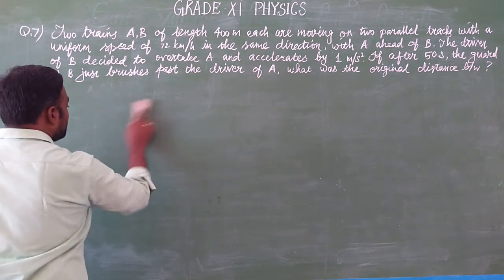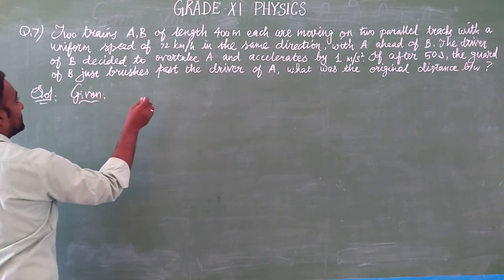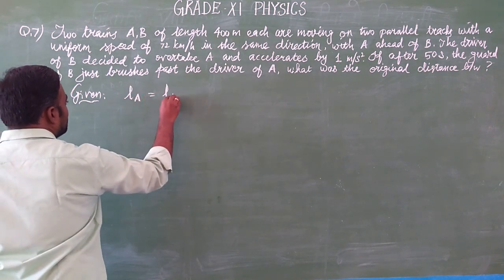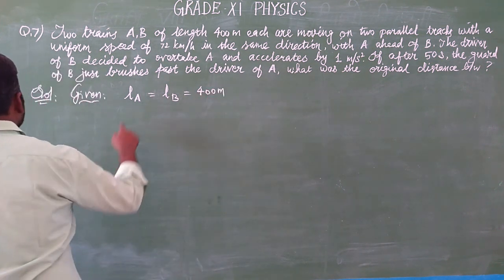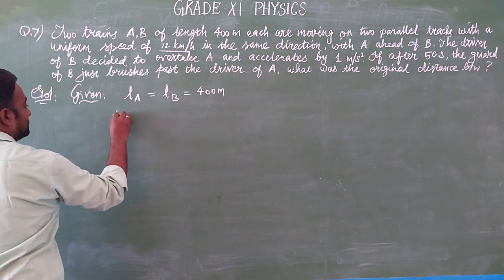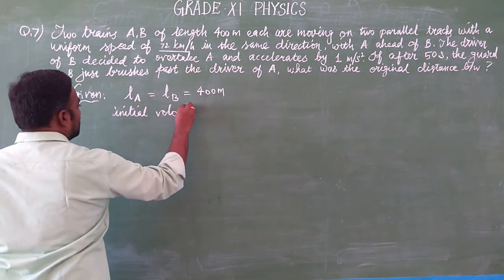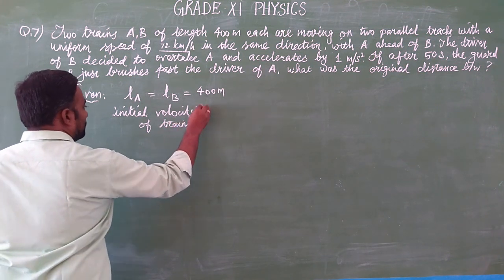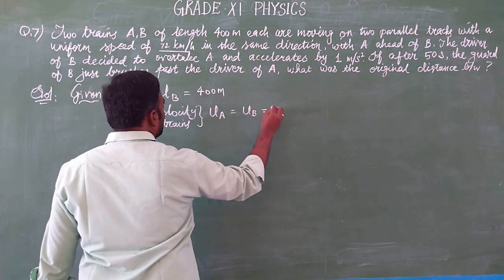Okay, first we'll write the given data. So, given: the length of train A is equal to the length of train B, both 400 meters. And then the initial velocity of the trains, both the same. Initial velocity of A is equal to initial velocity of B. What is it?